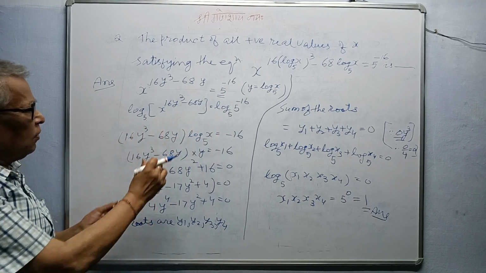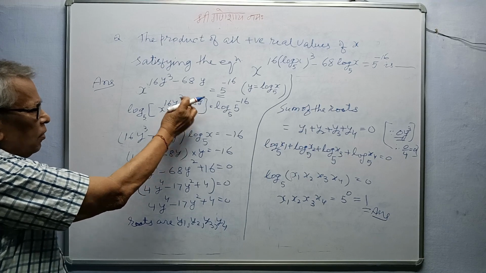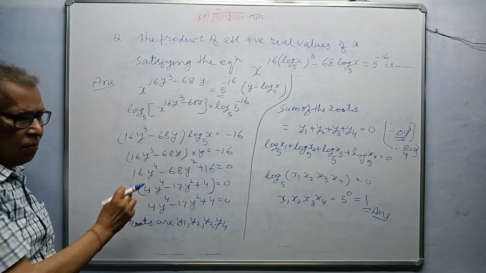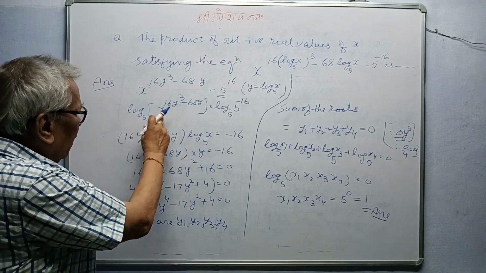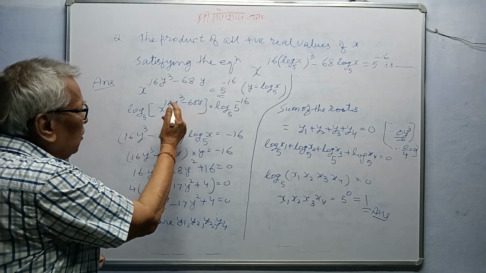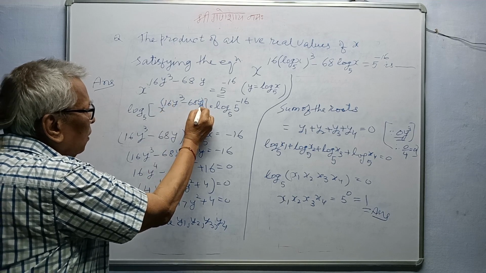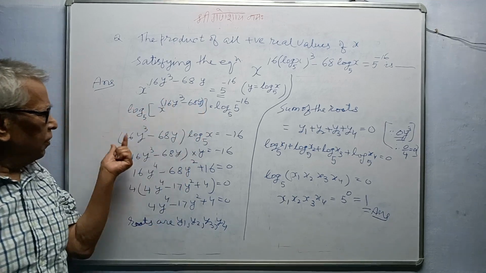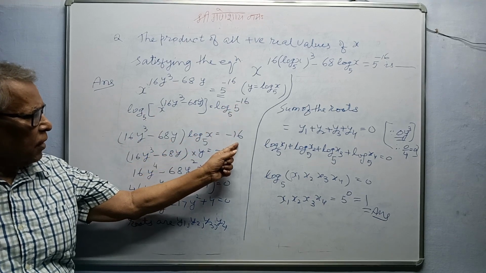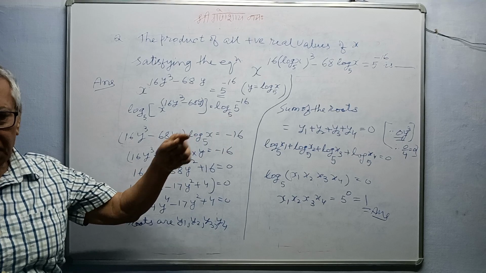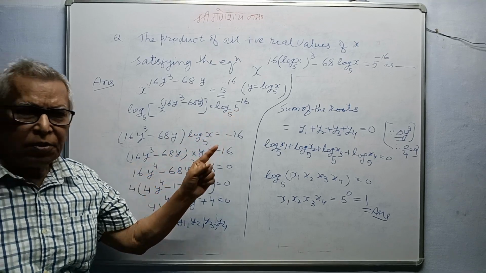So this will become now, this is power, it will come out here. So 16y cube minus 68y into log x to the base 5. This is power, so this will come out here. So log x to the base 5 is equal to, this will come out here minus, and log 5 to the base 5 is equal to 1.